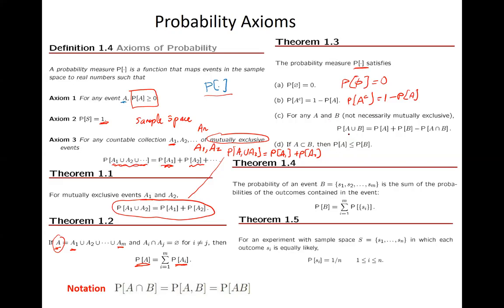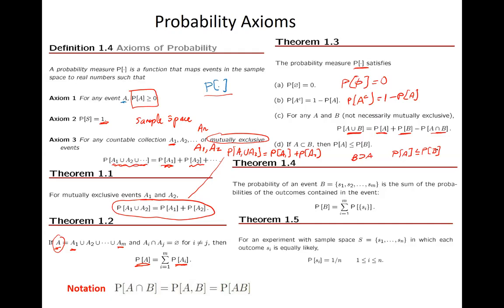The probability of union of these events will be probability of A plus probability of B minus probability of intersection of the two events. If event B is a subset of event A, then probability of A is less than or equal to probability of B. Okay?